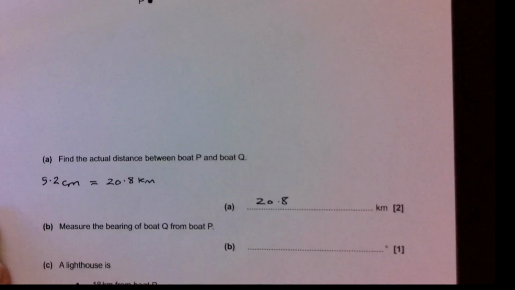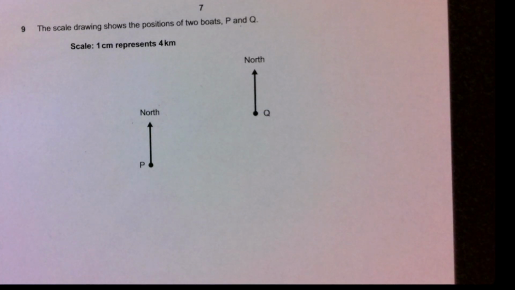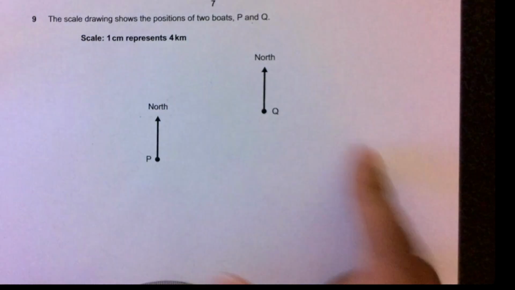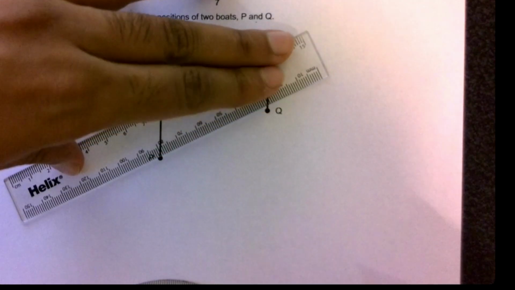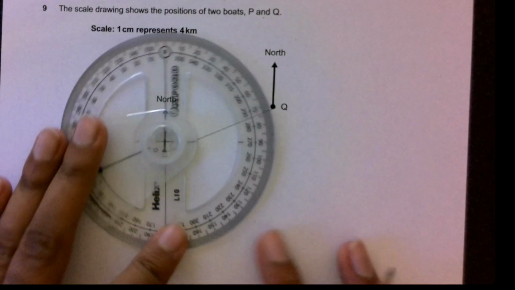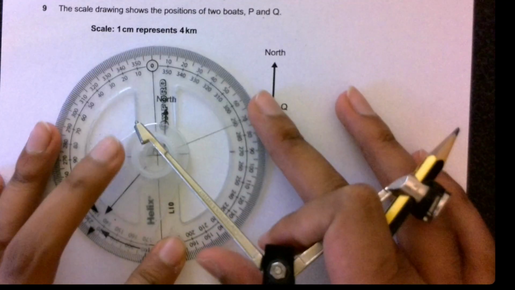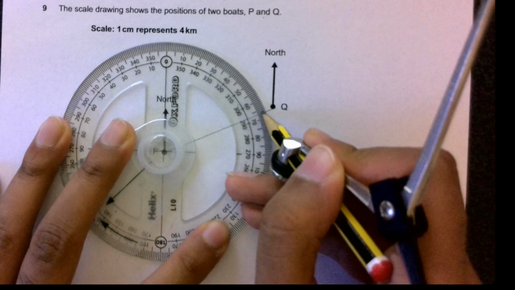And now for part B, we have to measure the bearing of boat Q from boat P. So we're going from P to Q, and if we grab our protractor, what we'll do as well is draw a line from here to here, and then if we measure that angle, aligning the 0 with the north line, what you'd find here, well, here's 65, we've got an angle of 67.